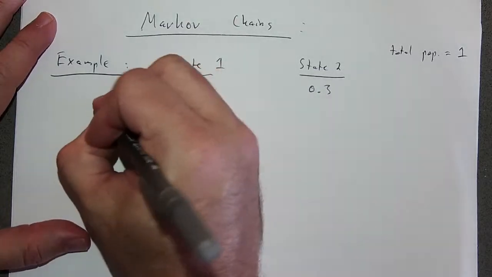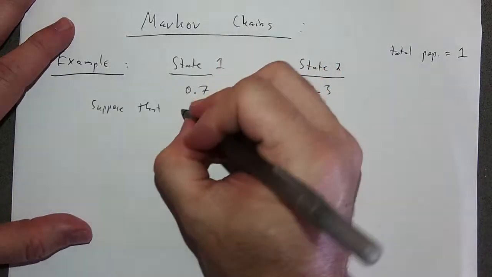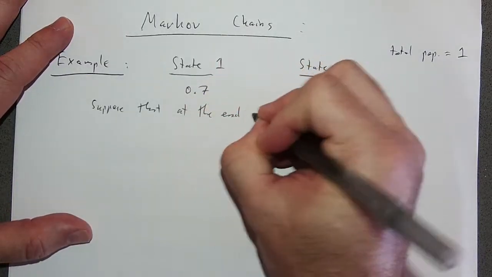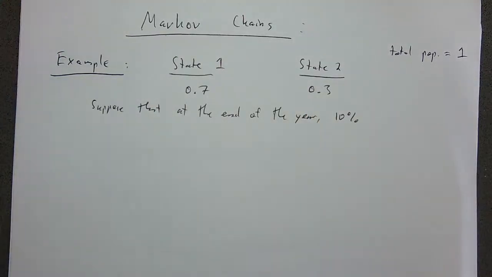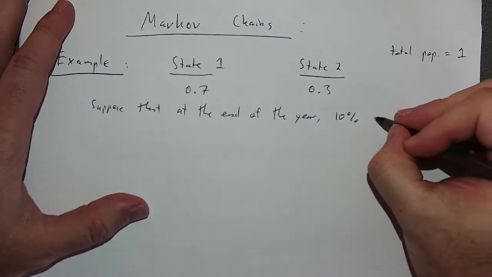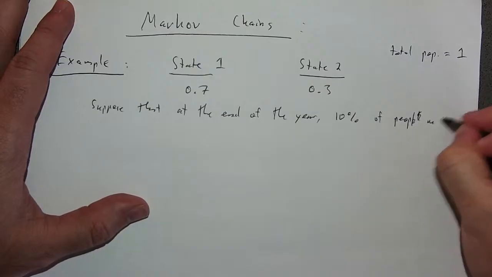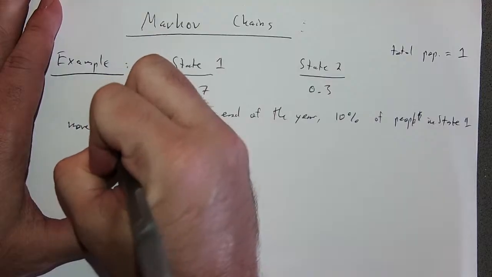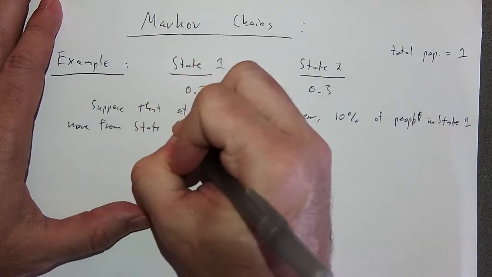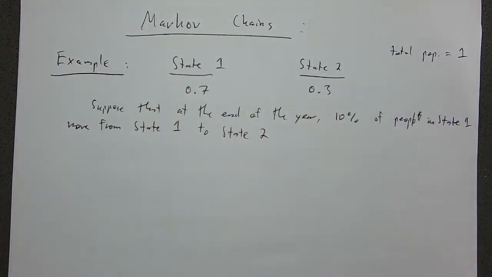Now, suppose that at the end of the year, 10% of the people in state 1 move from state 1 to state 2. And 5% of the people in state 2 move out of state 2 and into state 1.